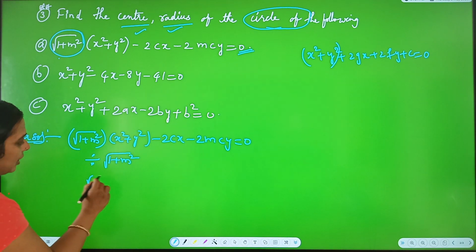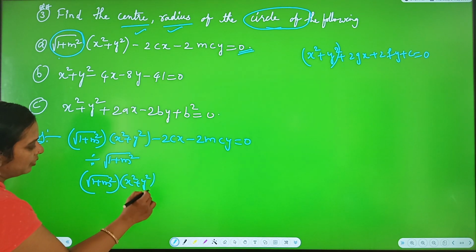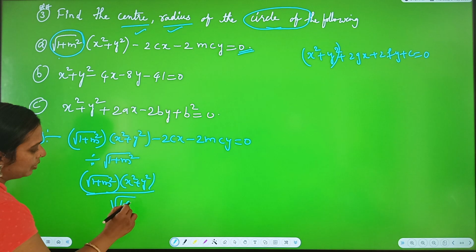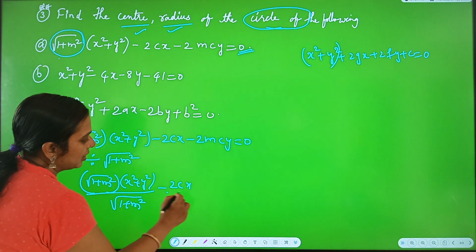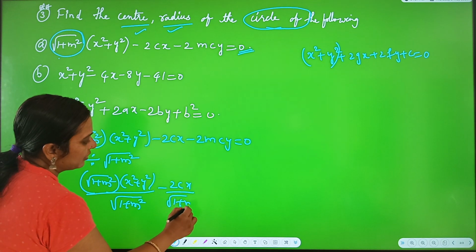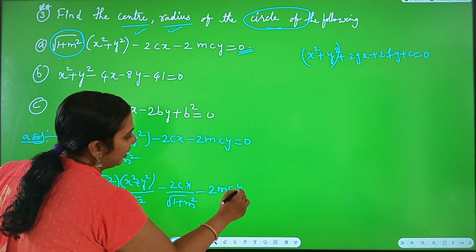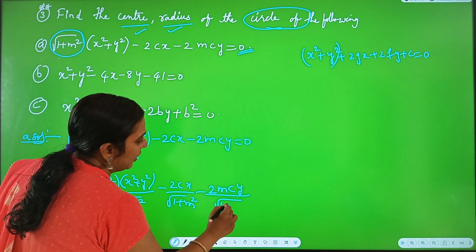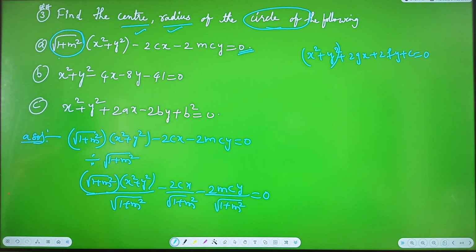Now dividing: under root of 1 plus m square into (x square plus y square) over under root of 1 plus m square, minus 2cx over under root of 1 plus m square, minus 2mcy over under root of 1 plus m square, is equal to 0.